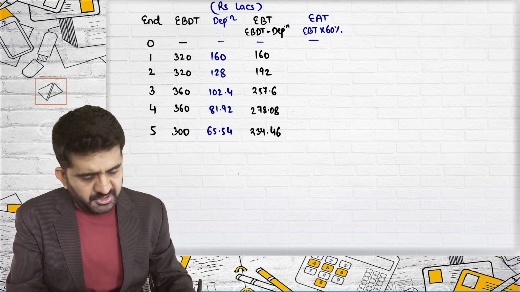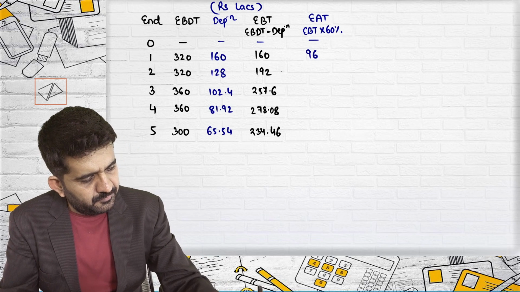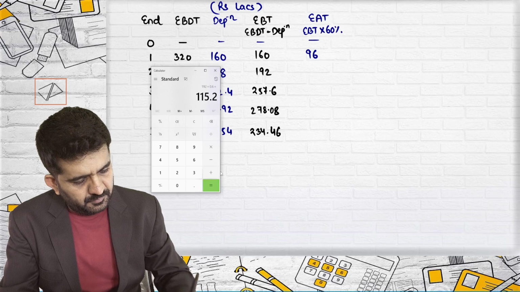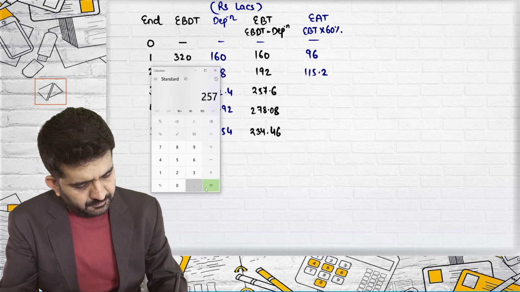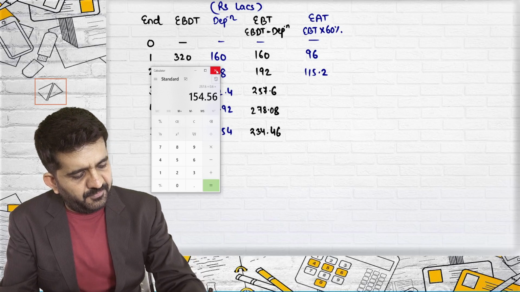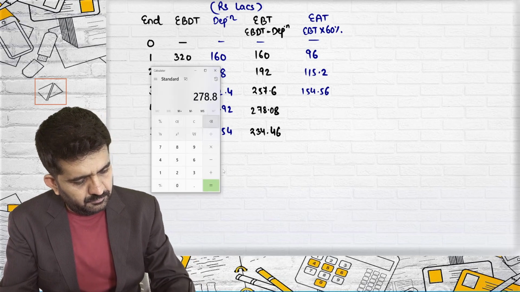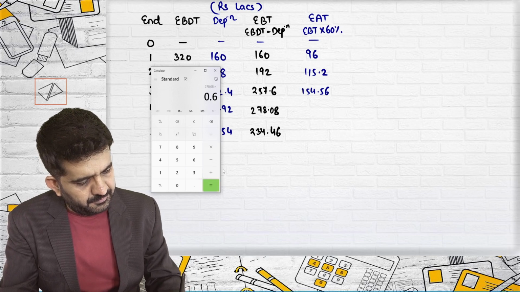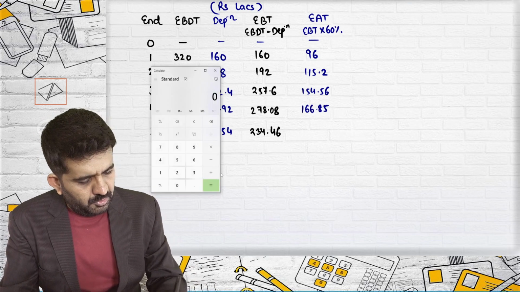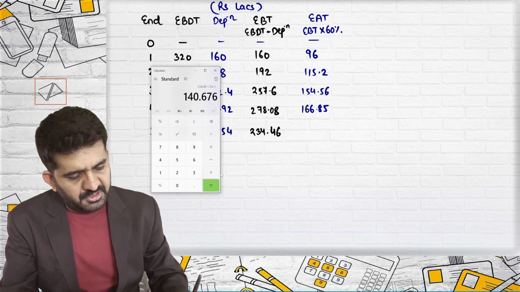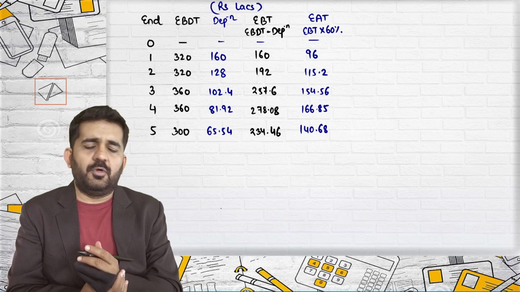EBT multiplied by 60%: 160 into 60% is 96. 192 into 60% is 115.2. 257.6 into 60% is 154.56. 278.08 into 60% is 166.85. 234.46 into 60% is 140.68. I am rounding it to 2 decimals.